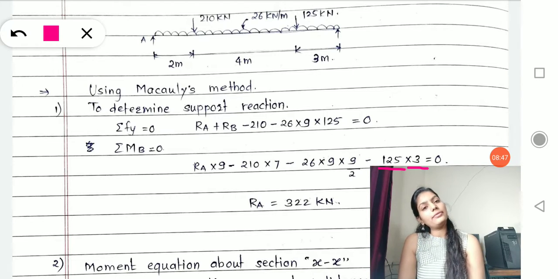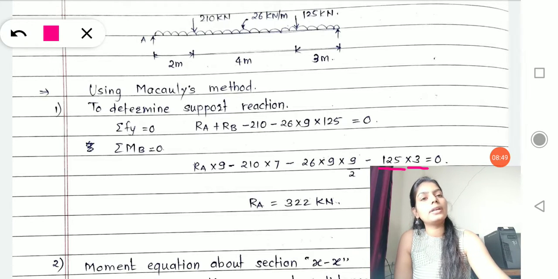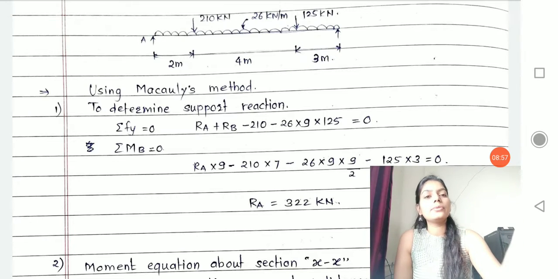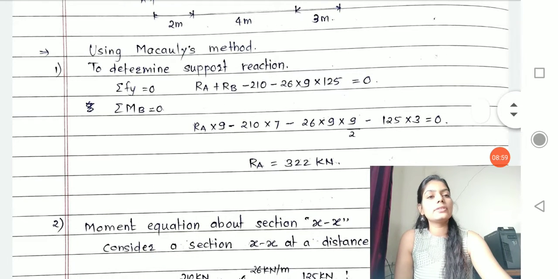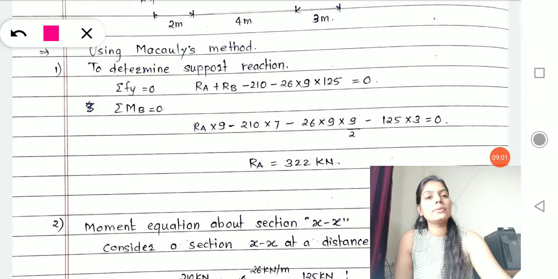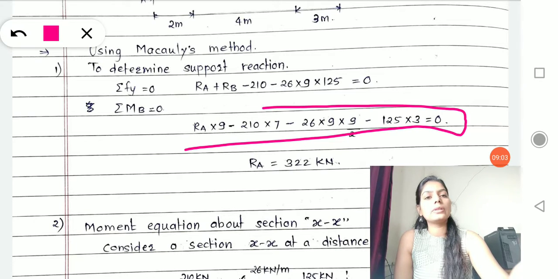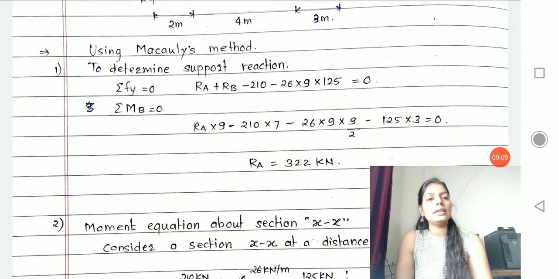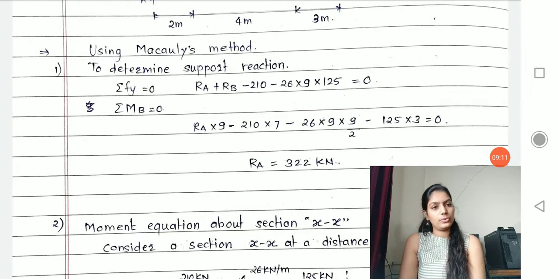What is this 125? The last reaction into perpendicular distance, which is 3 meter. Now use your calculator, try to solve this. And you will get RA is equal to 322 kilo Newton.